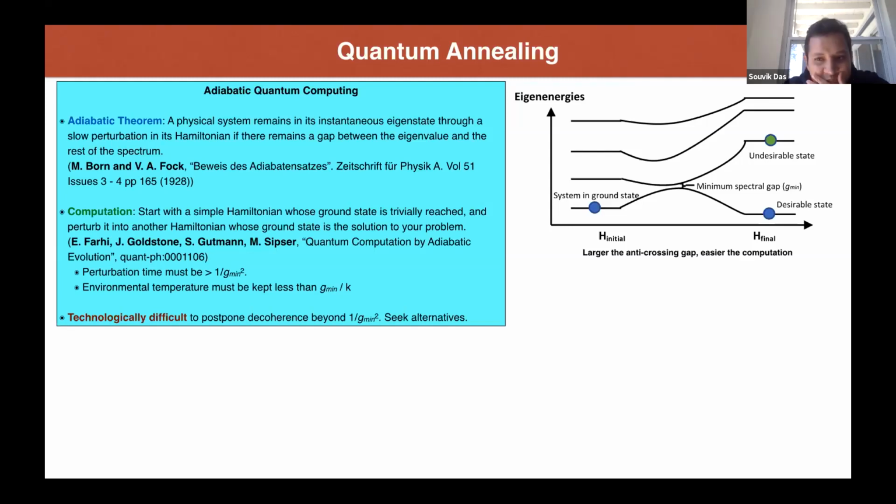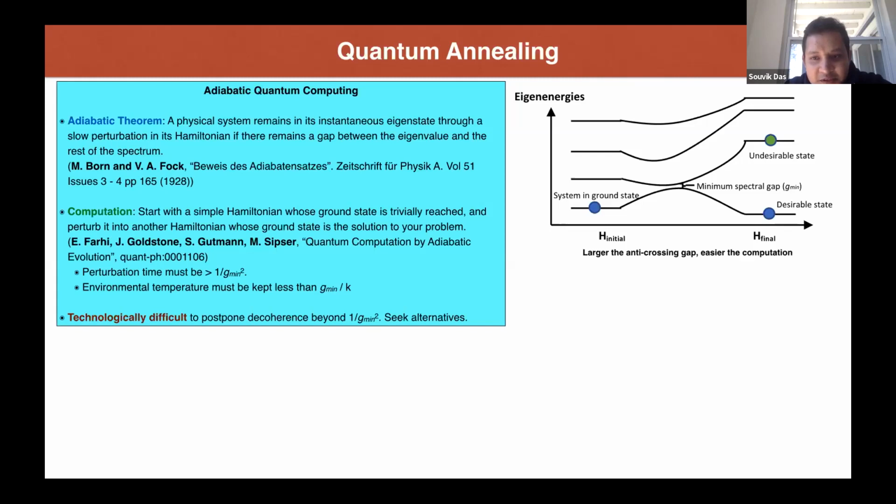The only drawback is that the time you take to perturb your Hamiltonian from H initial to H final has to be at least greater than one divided by the square of the minimum energy gap between the lowest eigenstate and the next to lowest eigenstate.